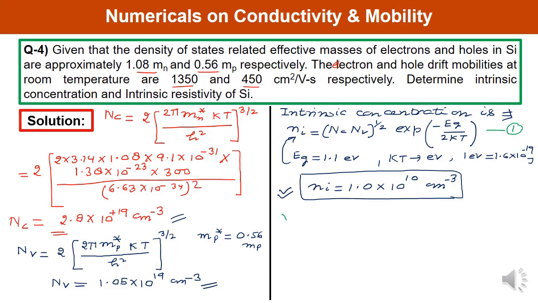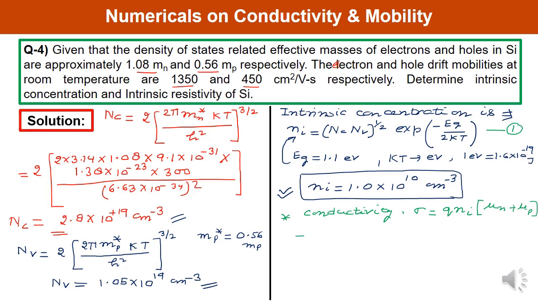Now the second part of this particular question, you have to determine the intrinsic resistivity of the silicon. So you know that conductivity can be written as, this is Q Ni (mu of electrons plus mu of holes).